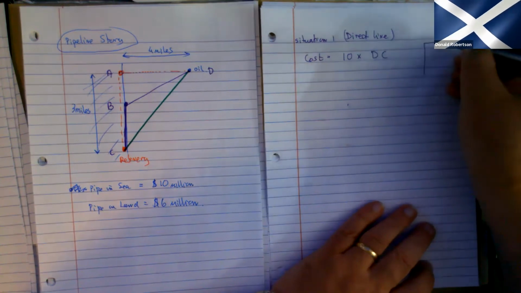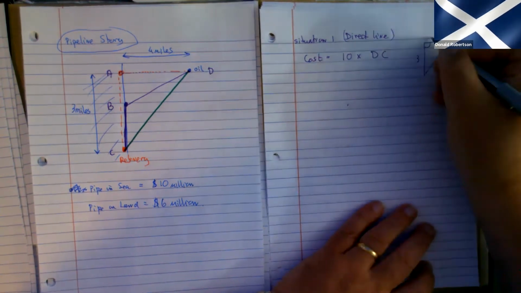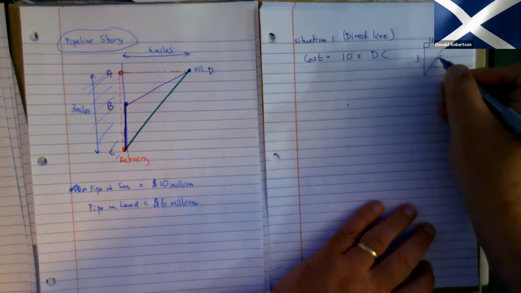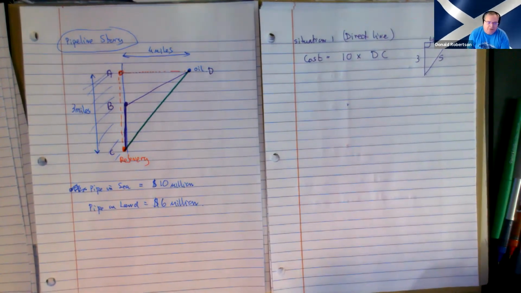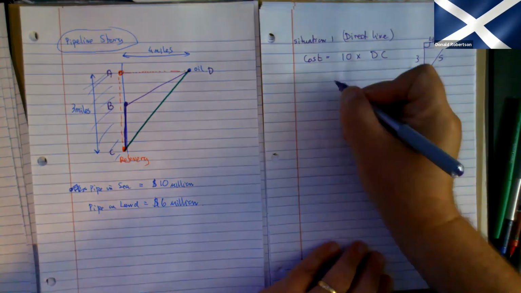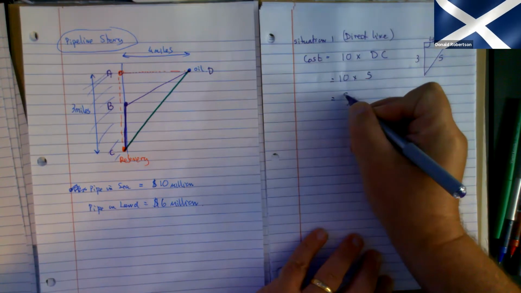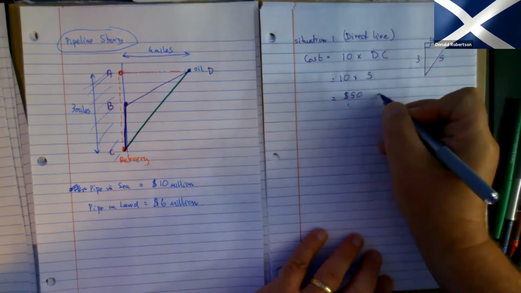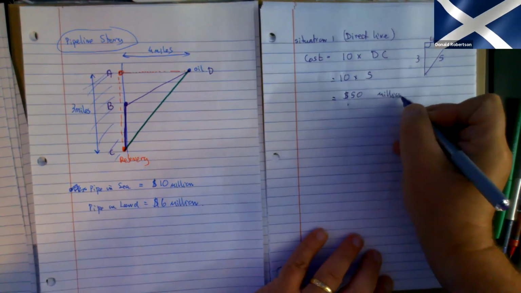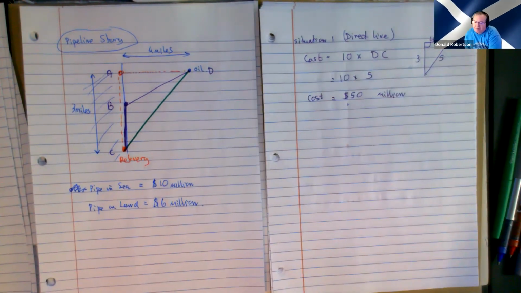Now, if you build a little right angle triangle, don't you know that guy's 3 and that guy's 4? So won't that guy be 5 miles? You agree? Direct line, 5 miles. So that's going to be 10 times 5. That's going to be 50 million. So 50 million, just build a pipeline straight to the refinery.